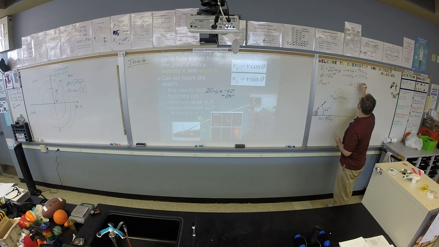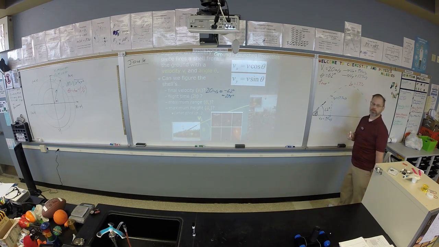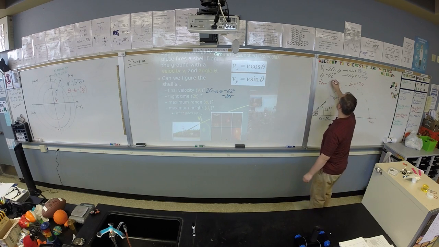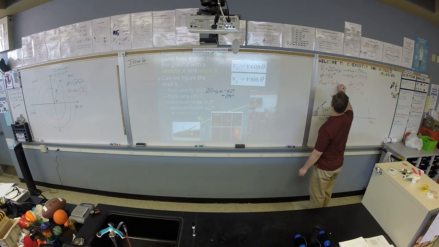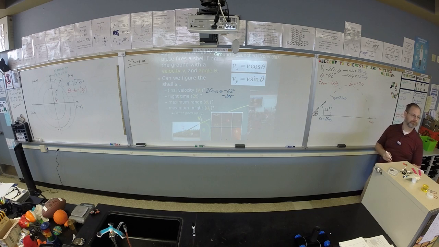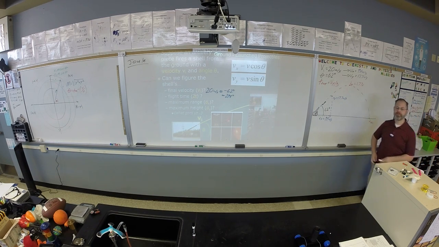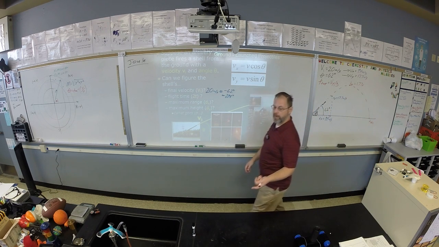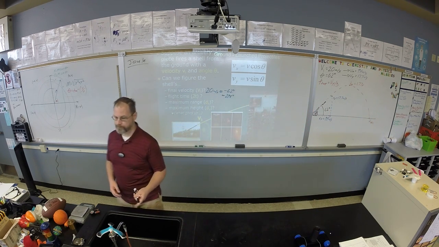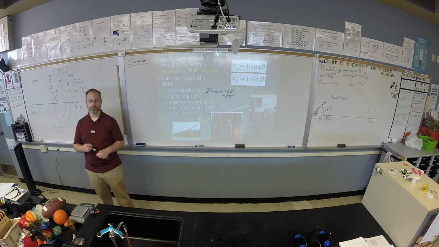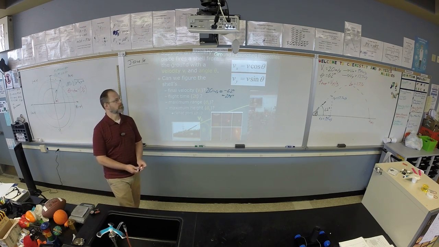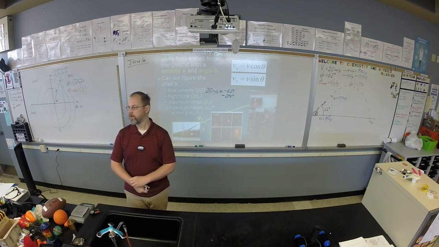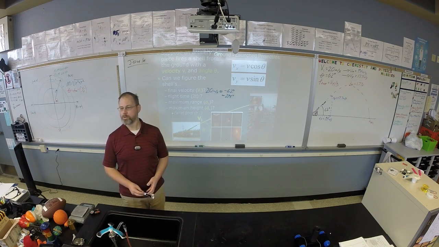Yeah, 1.77 seconds. t top is just vy divided by our friend g. The time to get to the top is just vy divided by our best friend g. 1.77 seconds. Cool.